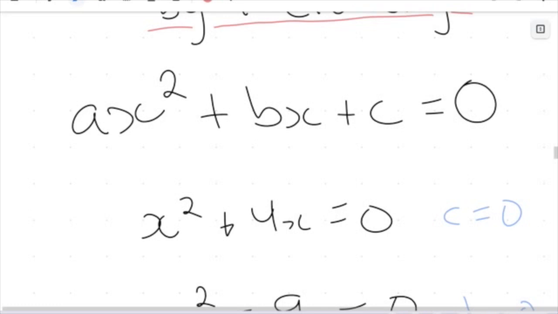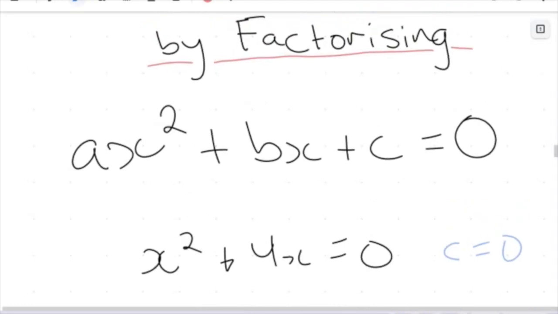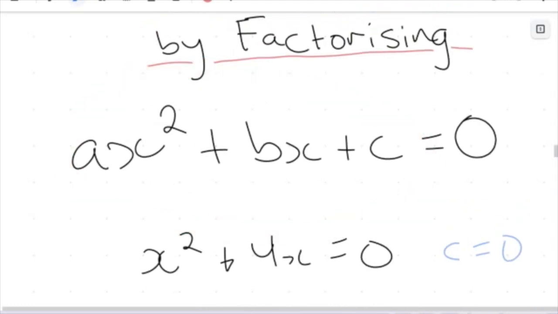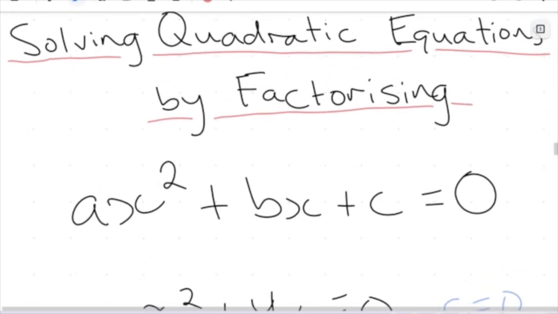And these techniques, you can see we're always doing it in the same way. We're always factorizing my left-hand side to get some kind of product, and then we are applying the null factor law. And that is how we can solve all types of quadratic equations by factorizing.